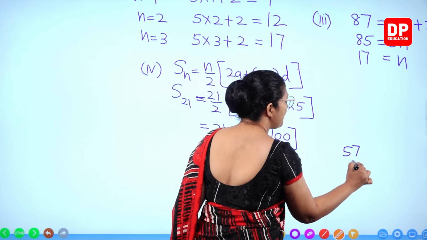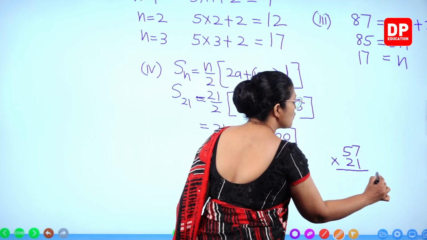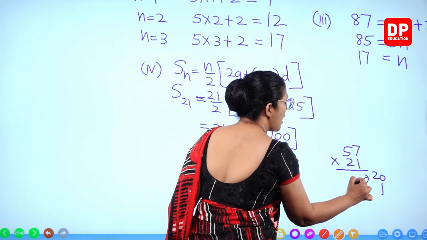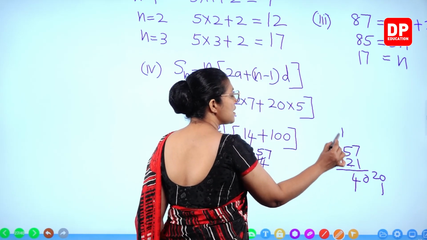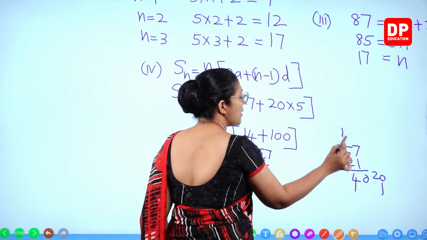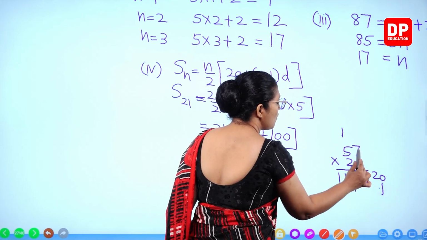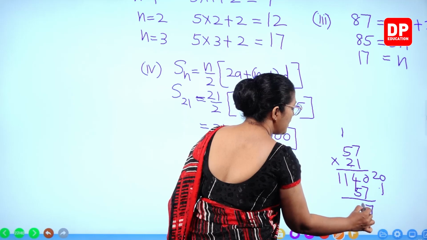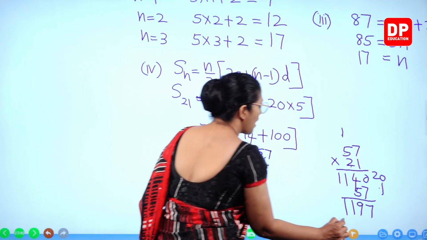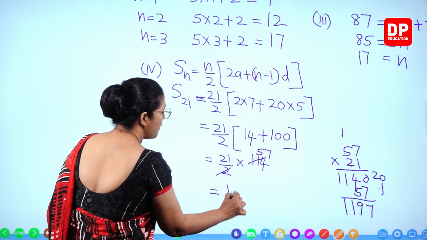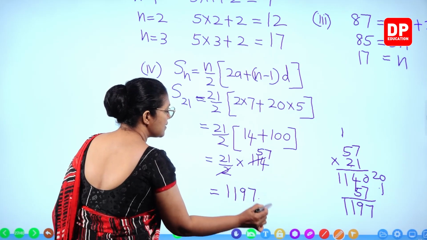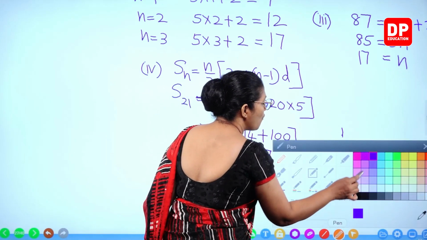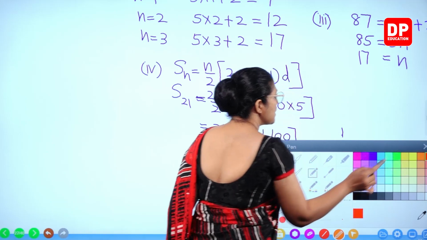Multiply and see: 57 times 20 is 1140, plus 57. Now add it. 1197 is the total of the 21 terms.